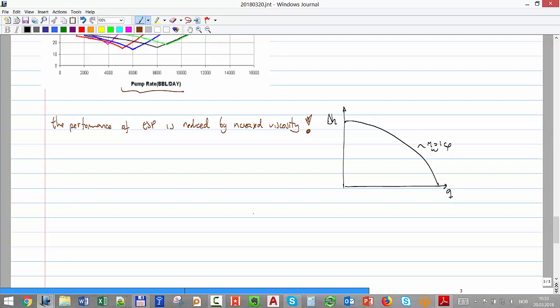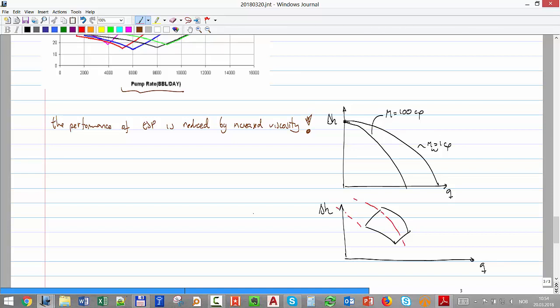If you use, for example, 20 or 100 centipoise for a very heavy crude, your curve will be dramatically reduced. That will be, for example, 100 centipoise. And that will affect your operational region. If you remember, I had this nice square; it will also affect every line in that region. Maybe that line will now be here, the other line will be here, and this maximum rate will be here, and it might place it in a completely different place.